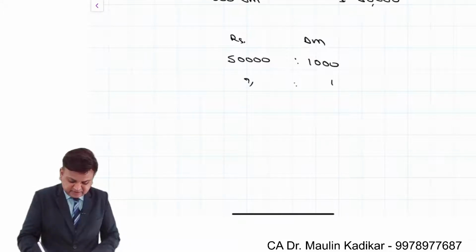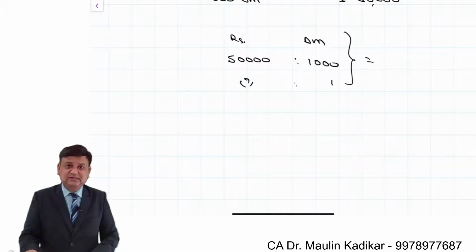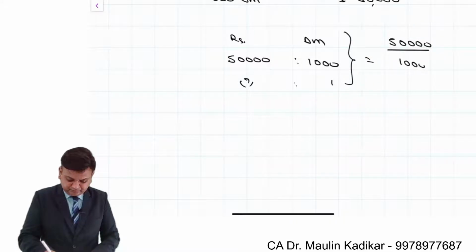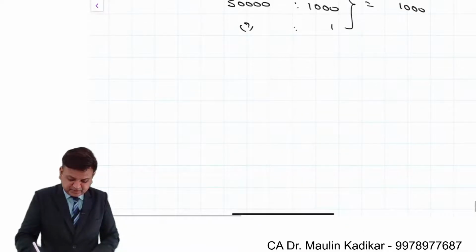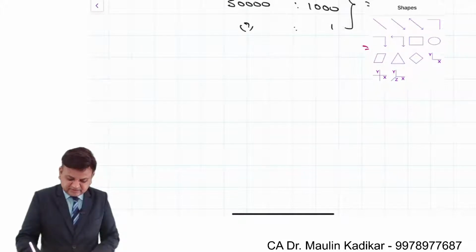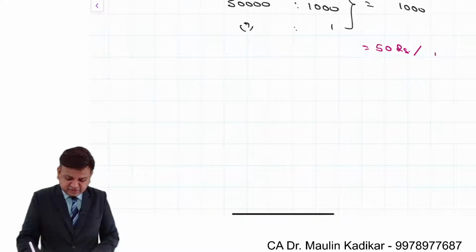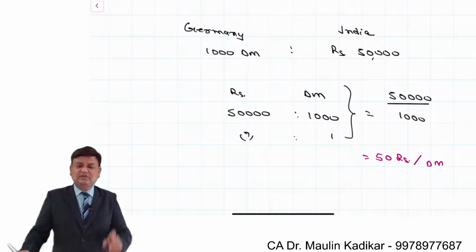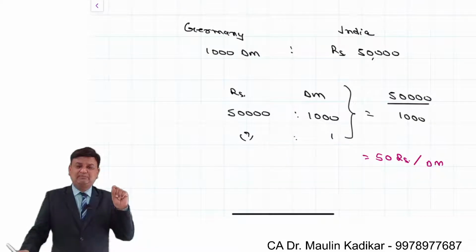So 1 Dutch mark is equal to 50,000 divided by 1000, that comes to 50 rupees per Dutch mark. This is the exchange rate based on the purchasing power parity theorem.